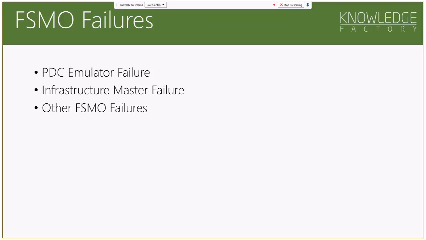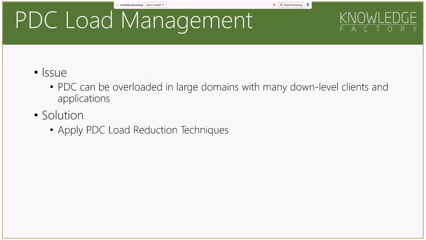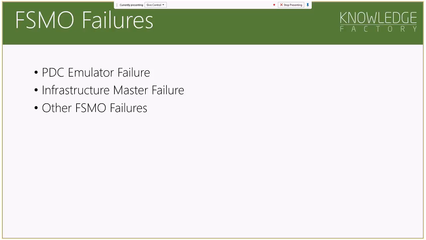But what I want to say is, don't be scared about FSMO issues. The only one that you really need to have under watch or monitor is the PDC emulator because of passwords and stuff, because that will affect your day-to-day business. The other ones, well, how many domains do you create before lunch?